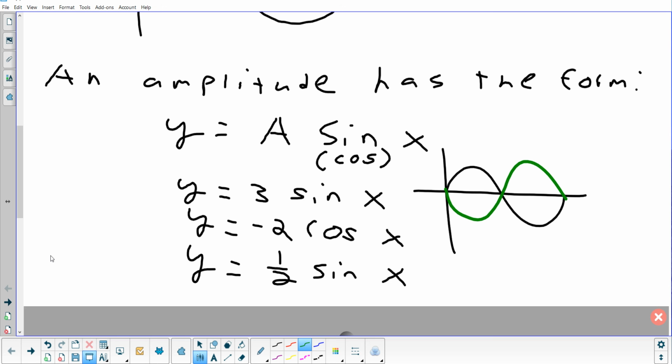Positive numbers? Or numbers above 1? Numbers above 1. Yep. Anything above 1 will cause it to get taller. Anything that's a fraction between 0 and 1, like 0.5, 1/3, 1/4, would cause it to compress. And then a negative causes an extra thing to happen. That's a flip.